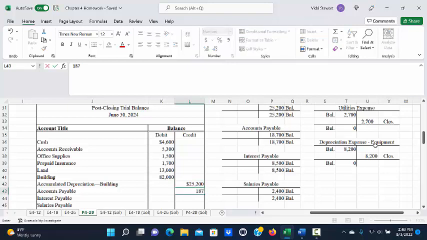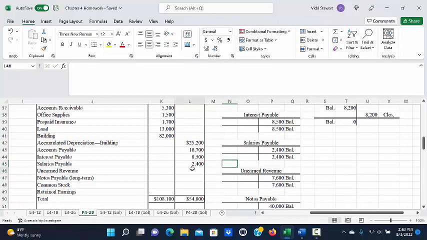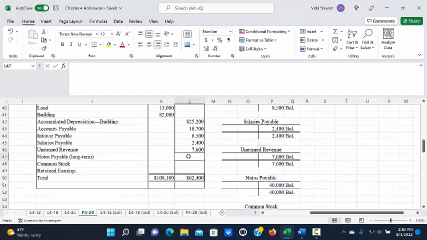Accounts payable is an $18,700 credit. Interest payable is $8,500. Salaries payable $2,400. Unearned revenue is $7,600. And our notes payable is $40,000.